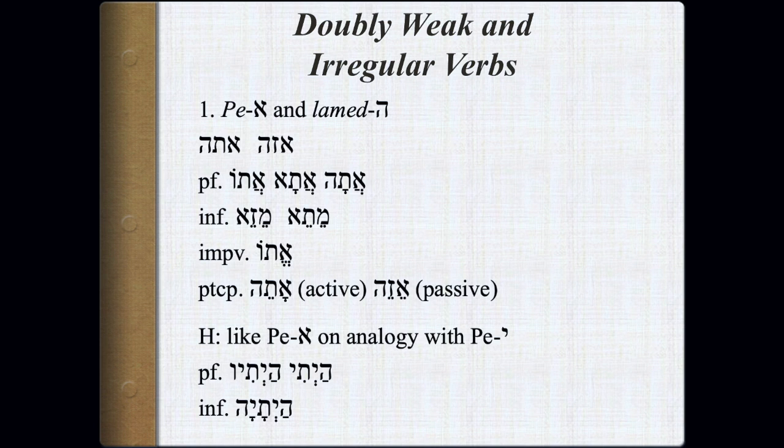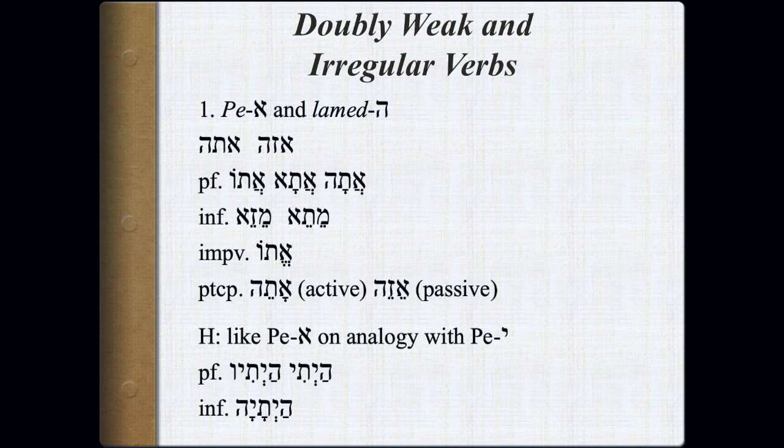Let us take a look at some examples of doubly weak and irregular verbs. So first we have those that have a weak verb at both the beginning and the end. So, for example, here with the first consonant being an aleph and the final consonant being a hey.